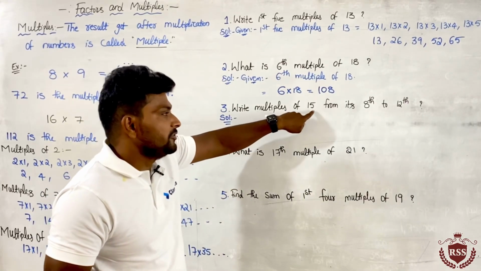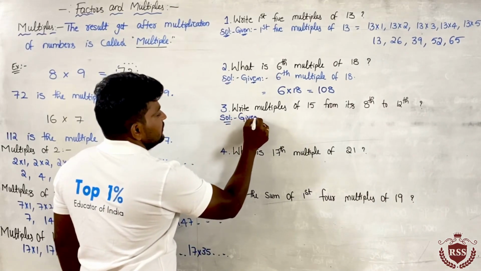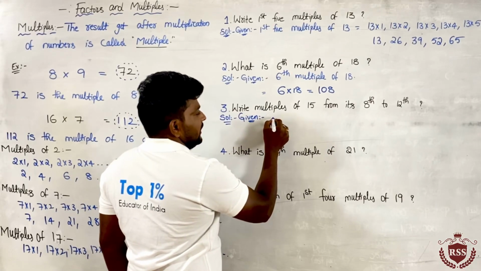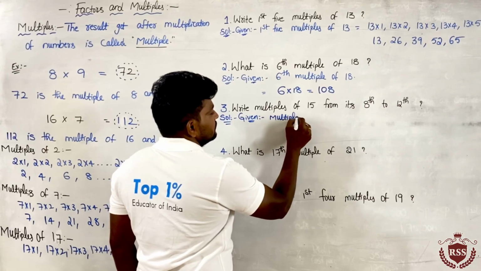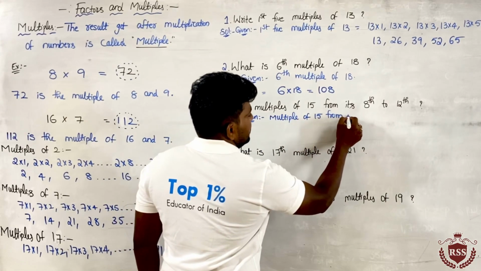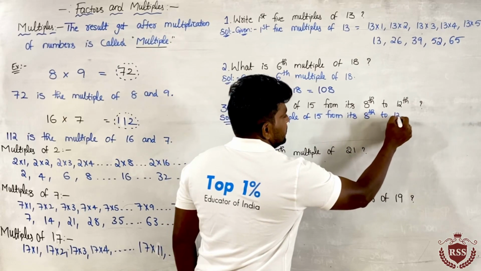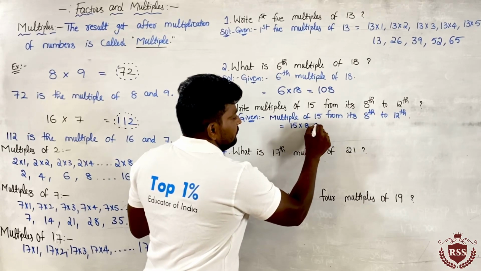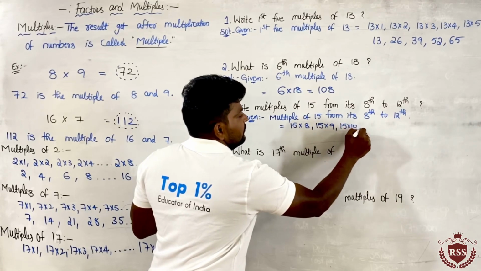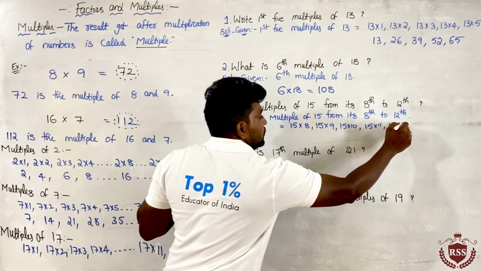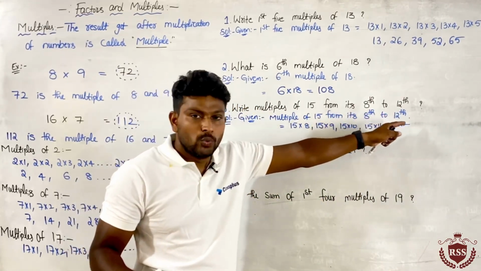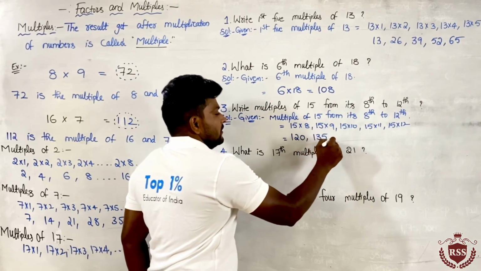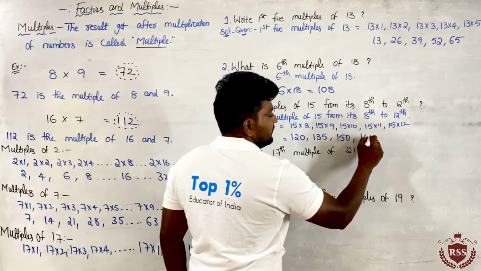So write multiples of 15. Multiples of 15 రాయాలి, కానీ వాళ్ళు లిమిట్ ఇచ్చారన్న, 8th multiple నుంచి 12th multiple వరకు మాత్రమే. 8th multiple of 15 అంటే 15 into 8, 15 into 9, 15 into 10, 15 into 11, 15 into 12. దట్ ఈస్ ద మీనింగ్ ఆఫ్ దట్. సో 15 8s are 120, 15 9s are 135, 15 10s are 150, 15 11s are 165, 15 12s are 180.